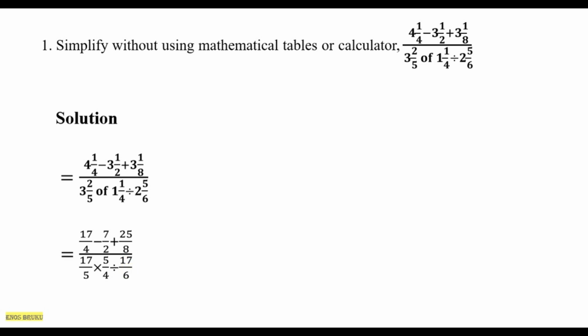Good. Now the question, what do we do next? Now you can see that when you look at the top side over here, we have what? Minus and plus. Minus and plus are like brother and sister in BODMAS.